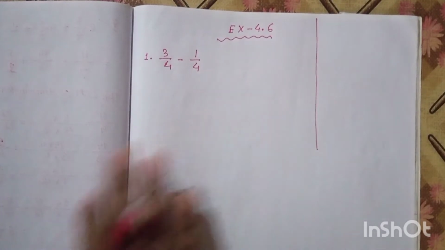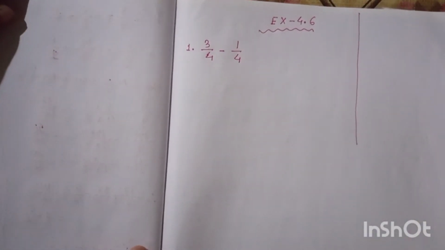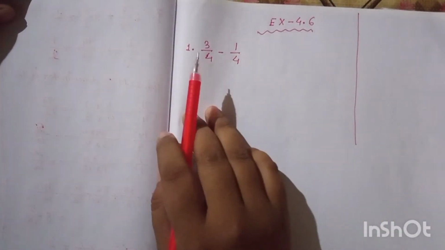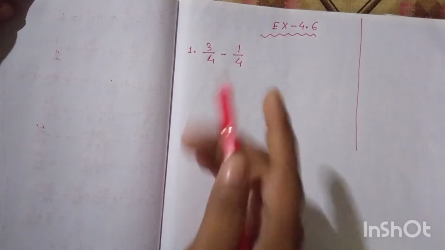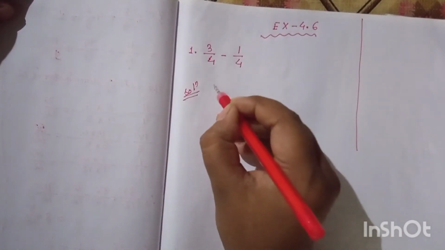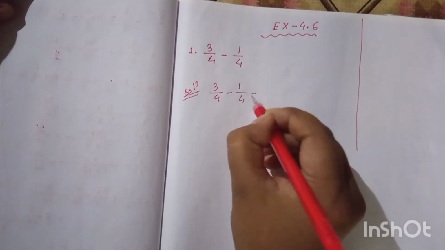All right, so dear students, you can see these are like fractions: 3 by 4 minus 1 by 4. Both denominators are the same, so here we simply need to subtract the numerators.